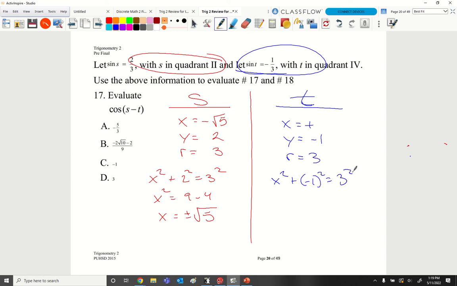Make sure you put it in parentheses because when you square that negative, it has to become positive there. Otherwise, it's going to make a boo-boo. All right, so I get x squared is equal to 9 minus 1. X equals plus or minus square root of 8. And that factors to be x equals plus or minus 2 radical 2.